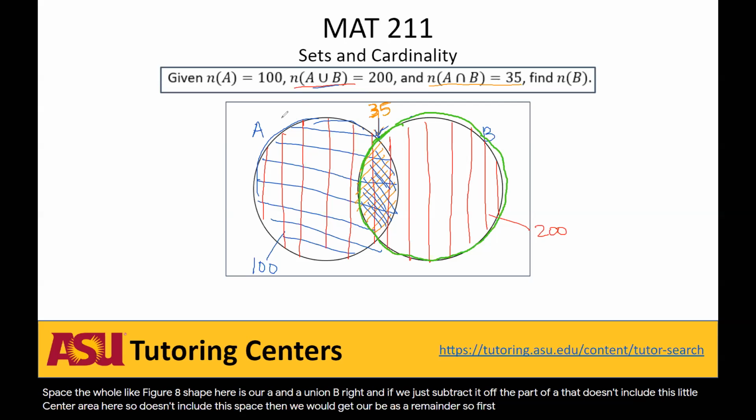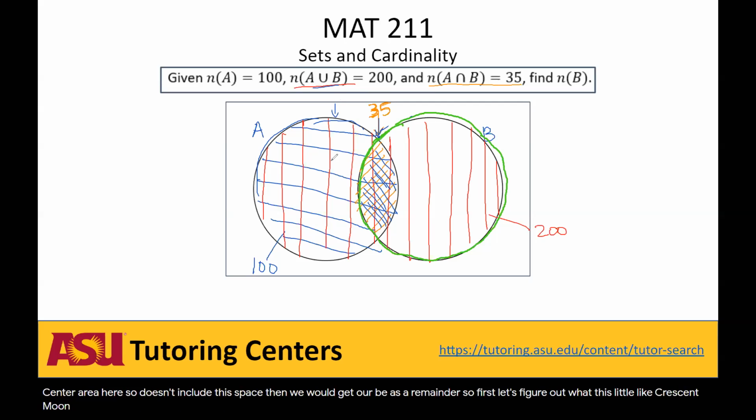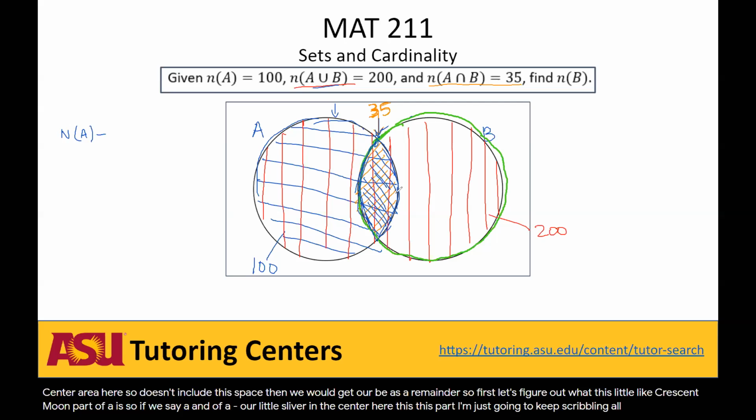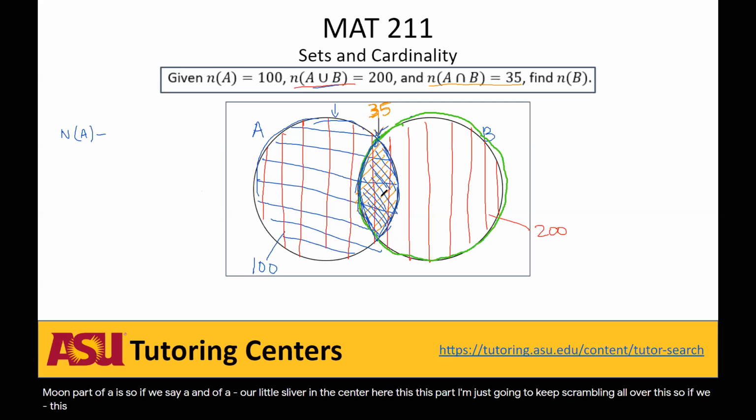So first, let's figure out what this little crescent moon part of A is. So if we say n of A minus our little sliver in the center here, I'm just going to keep scribbling all over this. If we subtract this little sliver in the center from the whole of A, that's going to be n of A intersect B, remember, then that'll give us our value.